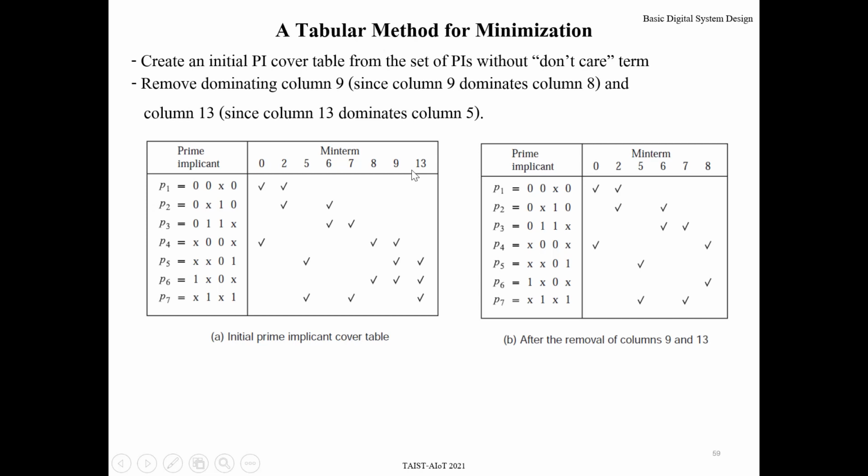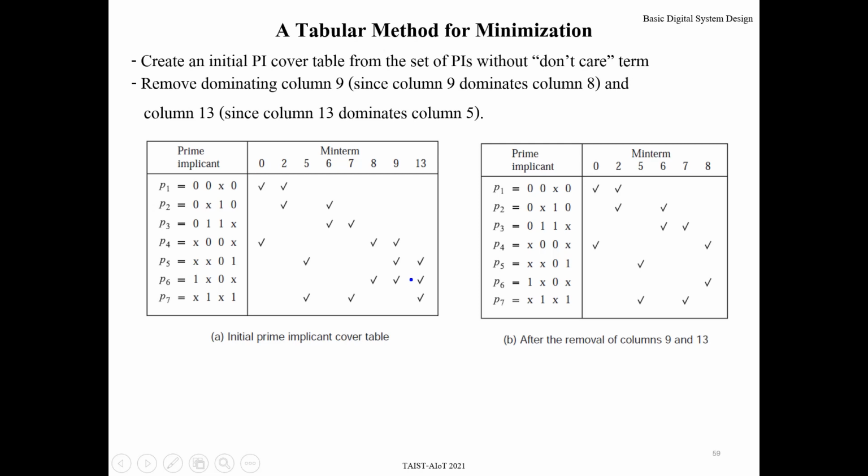Now let's consider: is there some dominated row? No. Is there some essential prime implicant? No. Then how do we reduce?